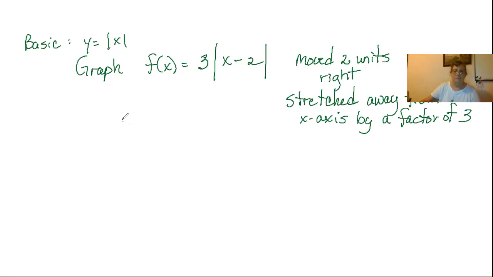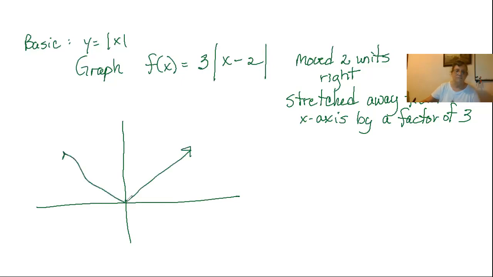So the absolute value graph normally looks like this. Like a V. And these would be at 45-degree angles. It's going to move 2 units to the right. 1, 2. So that's going to move it over here. But it's going to be stretched upward by a factor of 3.